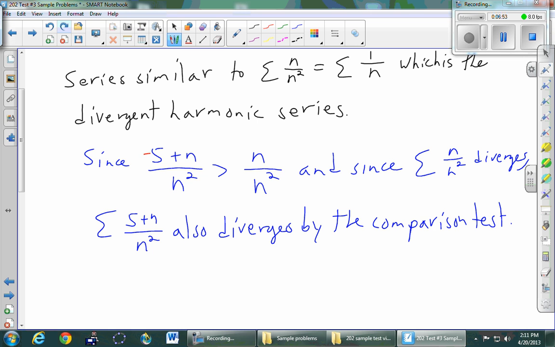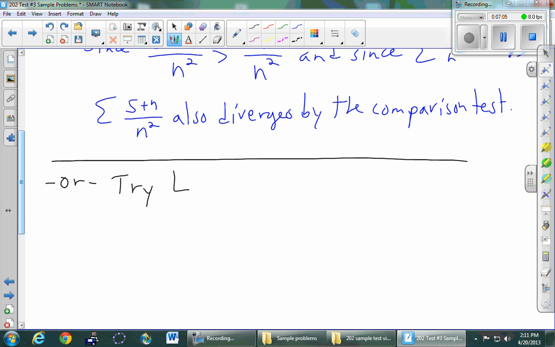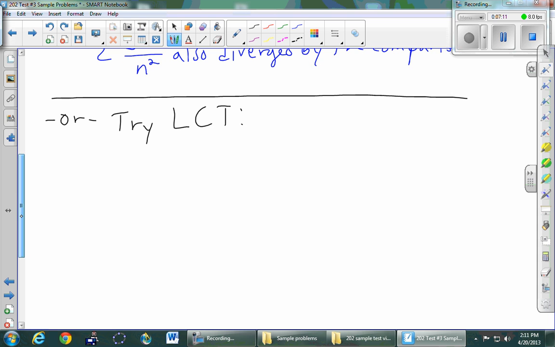Okay, so put a line there. The proof is done. But if it didn't happen to go as well as it did just there, we'll try the limit comparison test. Remember the limit comparison test, we're going to take the term in our series, (5 plus n) over n squared, and we're going to divide that by the term in the series that we know something about that's comparable.